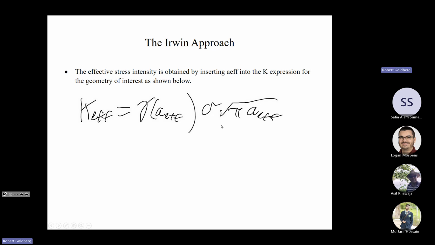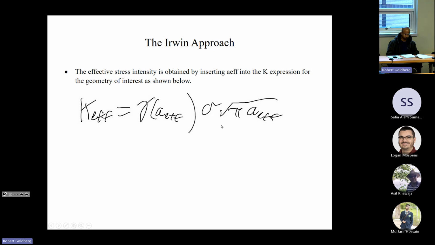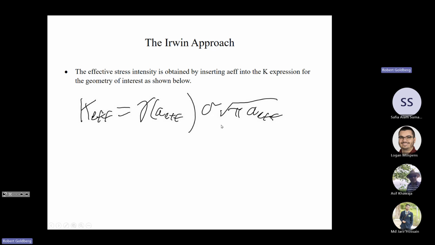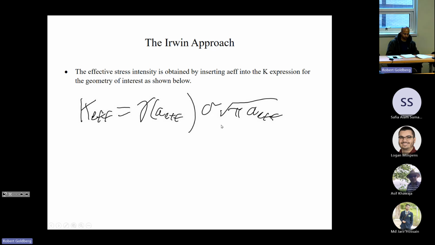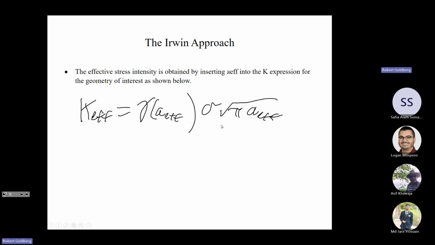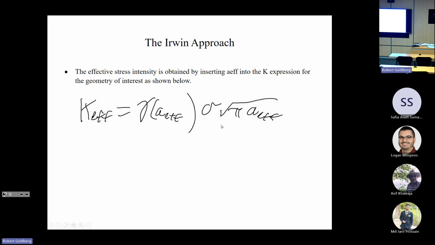When we're talking about the plastic zone, it's not a function of the original crack length. It's a function of the effective crack length.